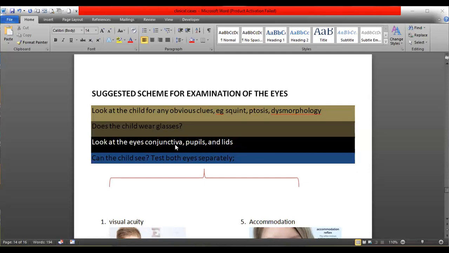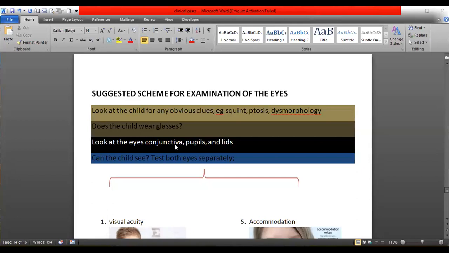Uveitis. Periorbital cellulitis is sometimes possible, but the more common one is uveitis. Someone says uveitis, that is right. And whenever there is uveitis, we need to check a few other things, right? Related system, which will be the related system at that time?